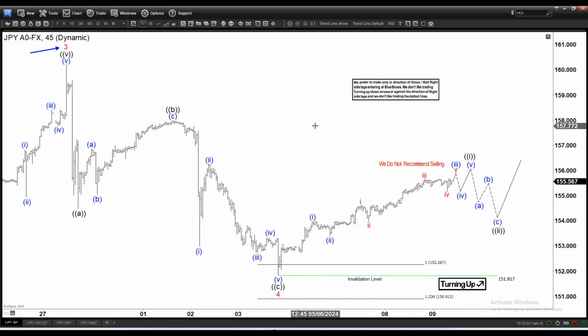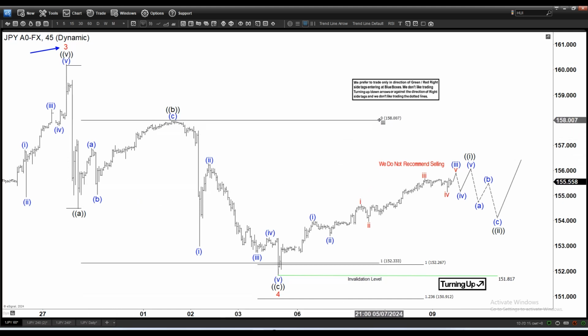Now, a couple of things first. Let's take a look at the structure here. We can see this pullback over here, and if we just simply measure the extension of this A and the B, we can see we don't have any long extension. In fact, it's only slightly below the 100% before it starts to rally higher.